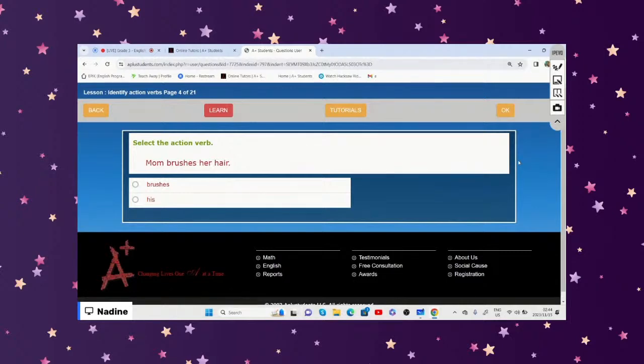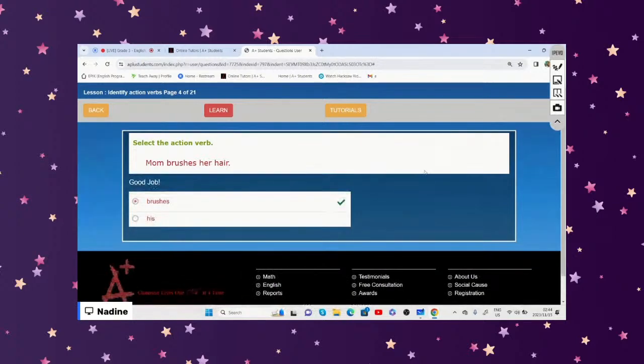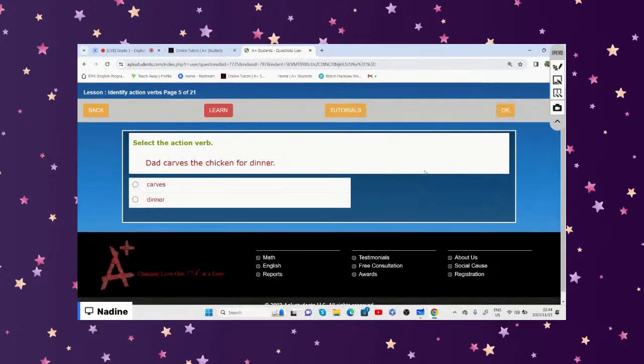Is it brushes or is it his? So we can say brushes her hair, and brushes is correct.